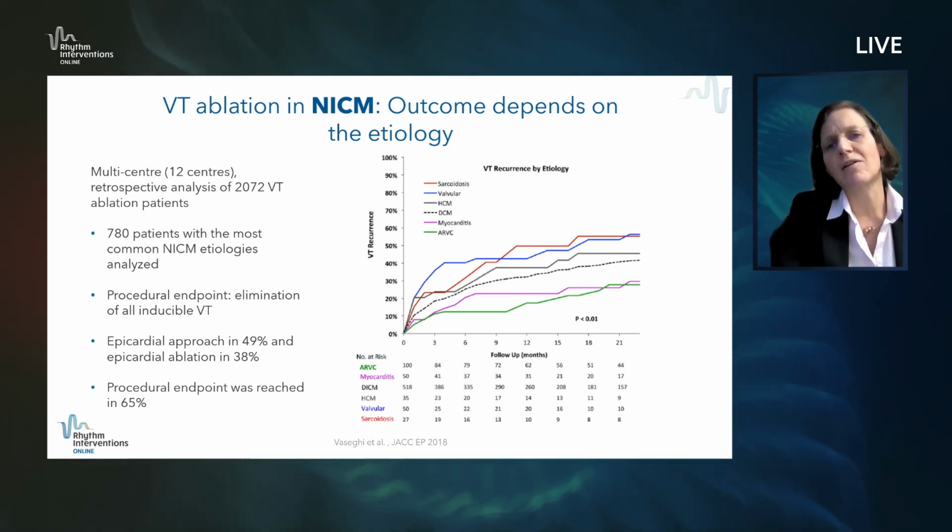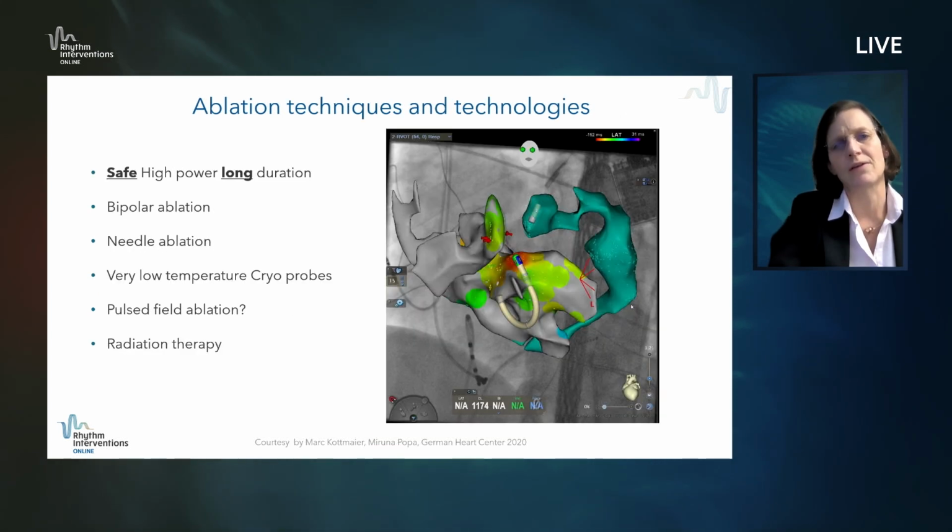And best are the ARVC patients, where we have a good plan when we can go for epicardial ablation. So etiology is really decisive in these non-ischemic VT patients.